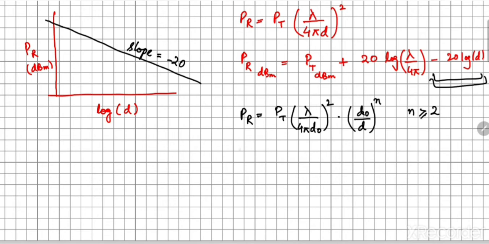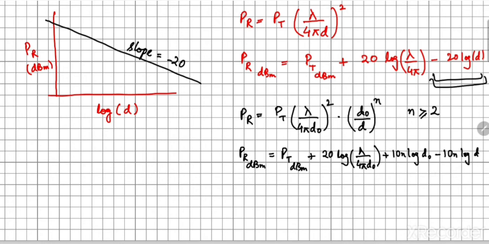If we write this expression in the units of dBm, we see that PR dBm is equal to PT dBm plus 20 log of lambda by 4 pi d naught plus 10n log of d naught minus 10n log of d.